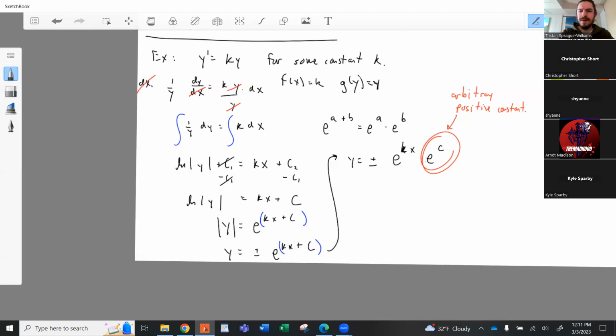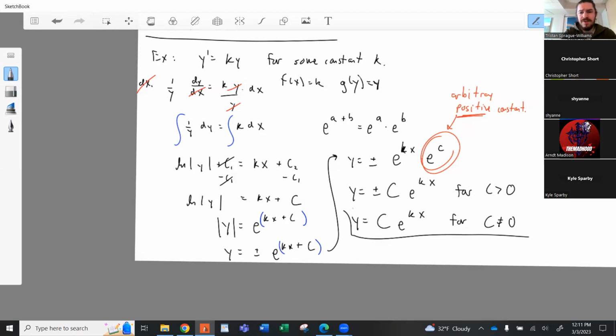The fact that it's a power of e means it does have to be positive, but the plus or minus we got from the absolute value means that we can adjust this again. That arbitrary constant factor in the front could actually be any constant factor, anything other than 0, positive or negative.